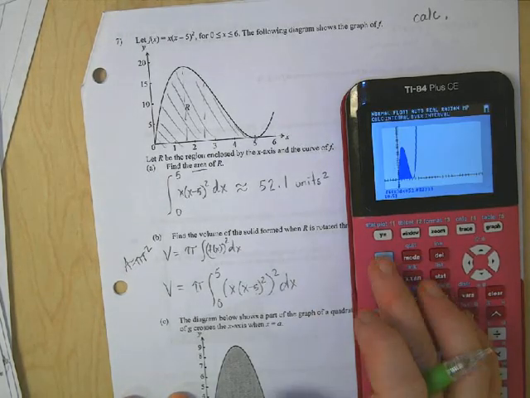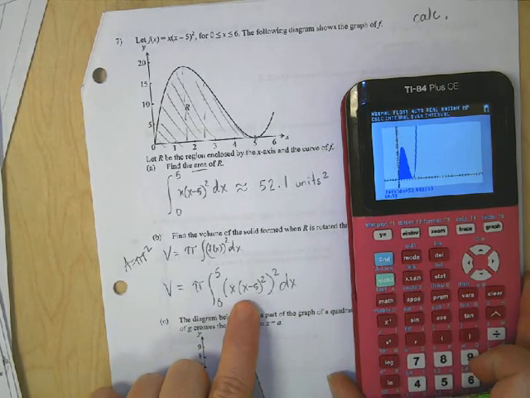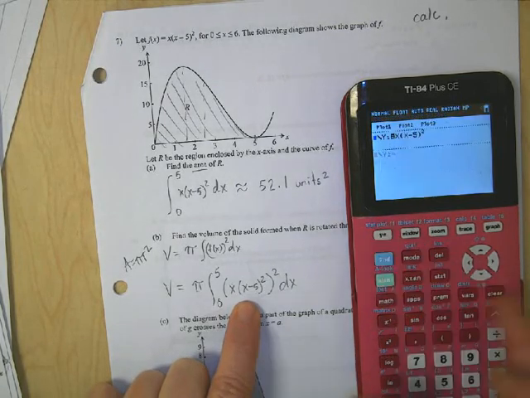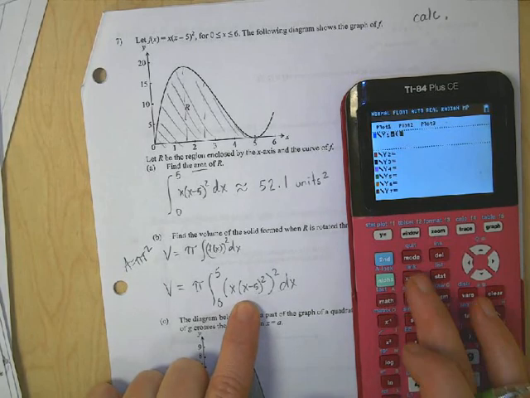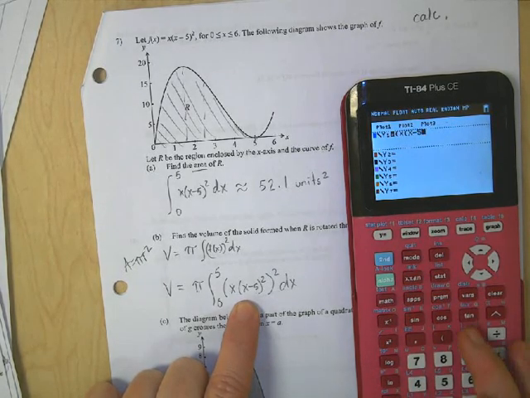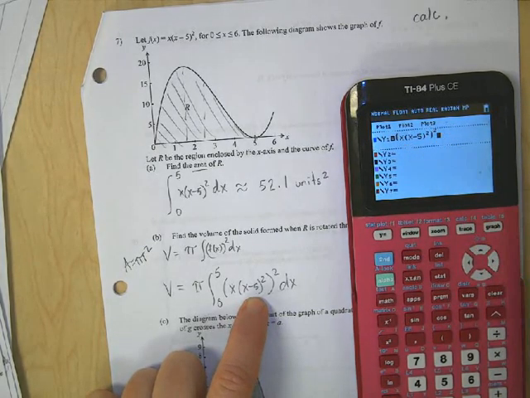I can square this, well actually no, I can just put this in. All right, so I'm going to go to y equals, and I'm going to have x times (x minus 5) squared, and the whole thing squared. So notice I have parentheses around the whole thing, and that is then squared.